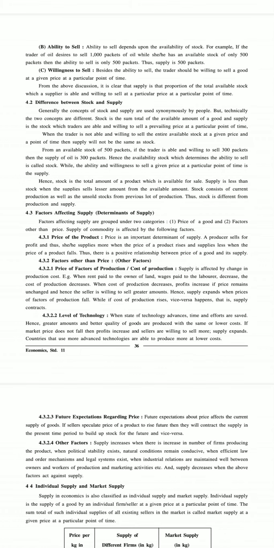If the law and order mechanism, the legal systems, and the industrial relationships are all in favor of production of that particular commodity, then there will be enough supply in the market for that commodity. So when the other factors are in favor, the supply will be more, and when the other factors are not in favor, the supply will be less in the market.